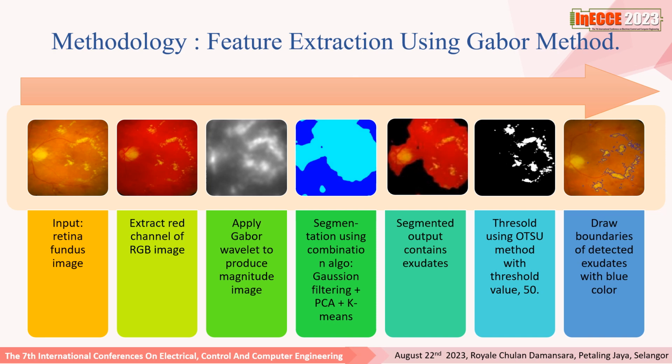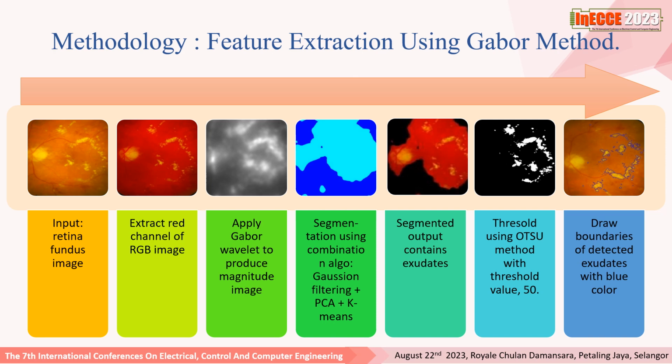Next is the method for the feature extraction using the Gabor method. From the input retina fundus image, we extract the red channel of the RGB image. We only use the red channel and then apply a Gabor wavelet to produce the magnitude image. After that, we segment this image using a combination of algorithms, which is Gaussian filtering, plus PCA, and finally K-means.